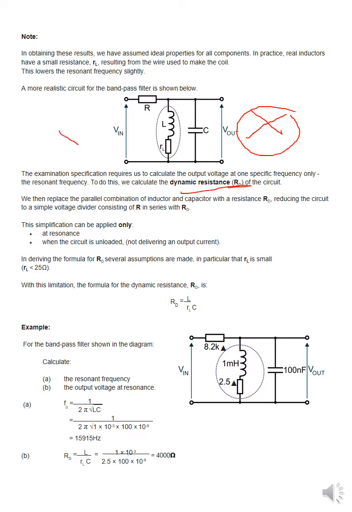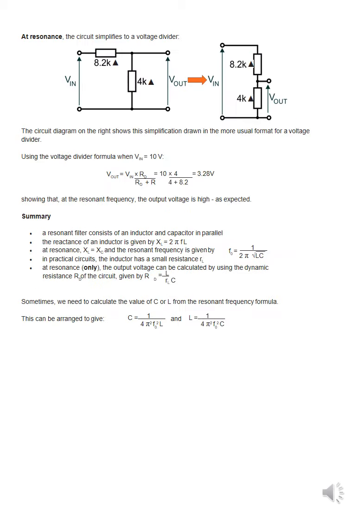But for test 2, this is not part of your coverage scope of the test. And if I'm saying that, then this question is also not there. So this question is not there for you.